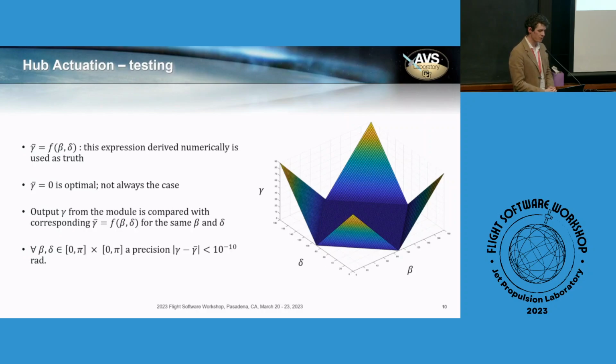So to unit test this module, we basically throw in a Cartesian product of however many choices of beta and delta and test the output of that with our truth model. And we are able to ensure a precision of 10 to the negative 10 radians. That's also a lie. We also pushed it to 10 to the negative 12.